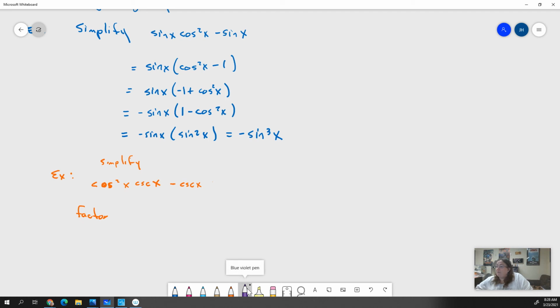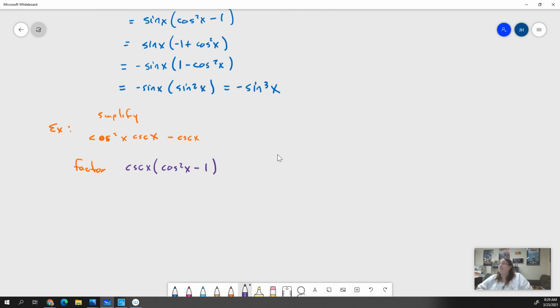What we're going to factor out is what we have in common, that cosecant of x. So I'm going to write this as cosecant of x, because that's what I'm pulling out. When I pull it off of this side, I'm left with cosine squared of x. When I factor it out of there, I'm left with just 1, because cosecant of x divided by cosecant of x equals 1.